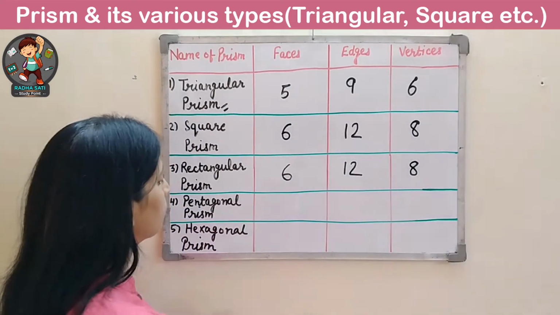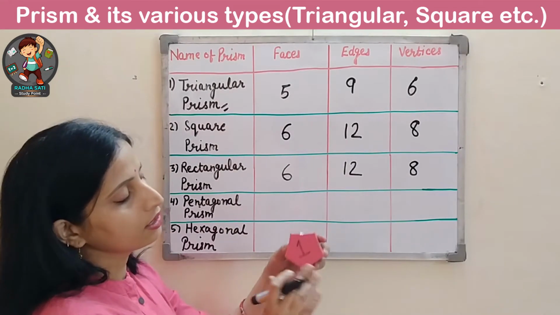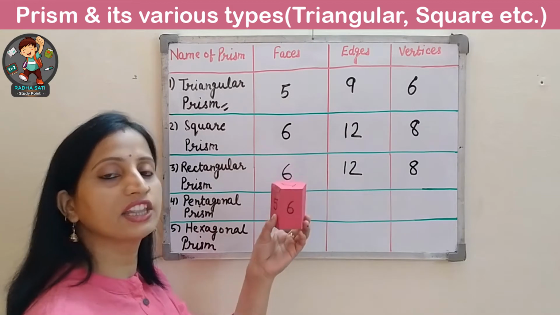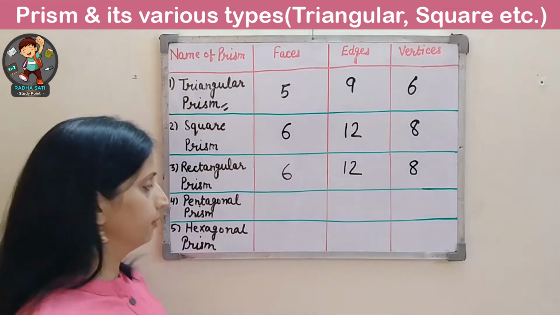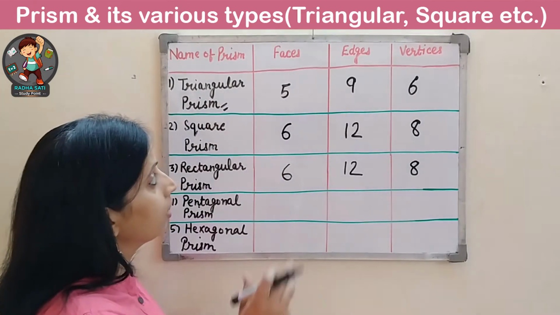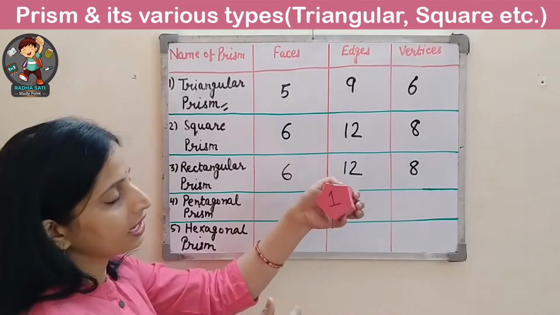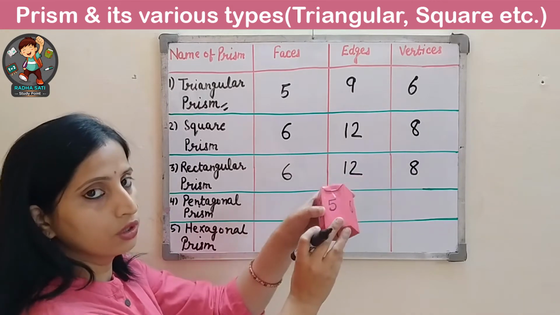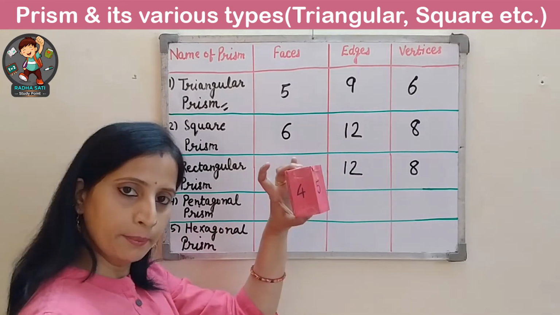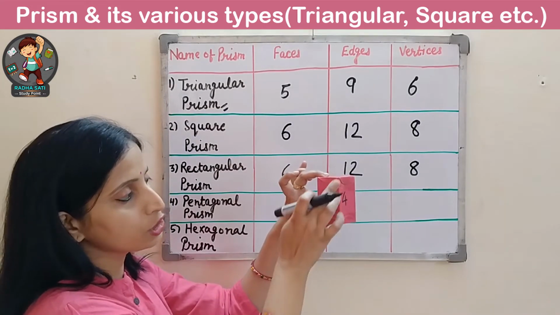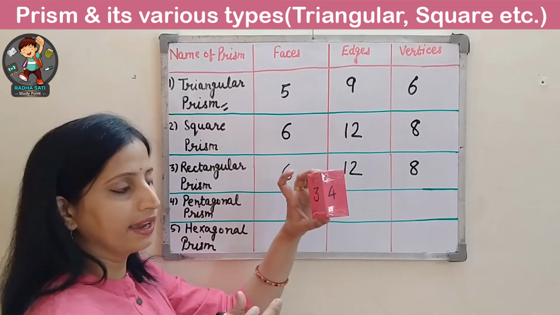So a pentagonal prism means a prism whose top and bottom faces are in the shape of a pentagon. A pentagon has 5 sides. So the number of faces in a pentagonal prism will be 1, 2. So 2 faces are pentagonal in shape and the other side faces are in the shape of a rectangle.